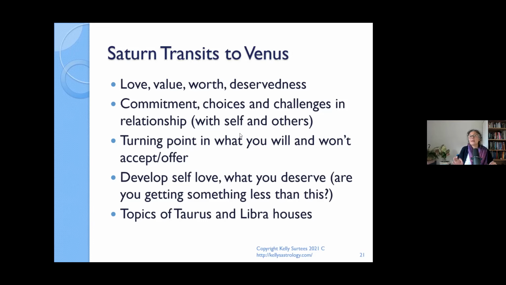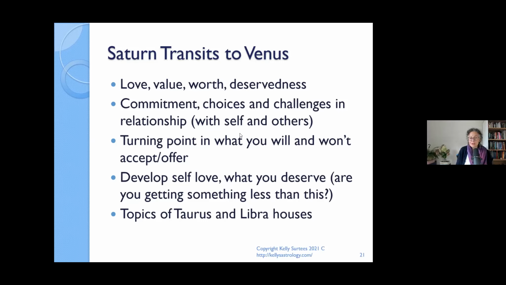And we have a Saturn transit to our Venus, and that can bring up a lot of old stuff about how you might have learned as a child that your deservingness is dependent on your work or your willingness to please or your ability to make other people happy.